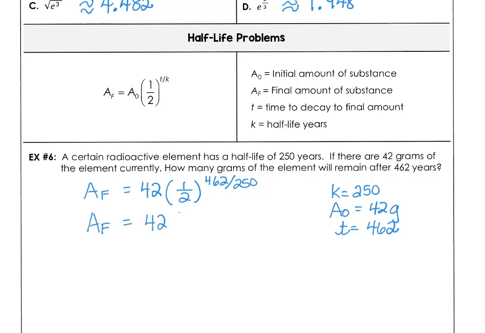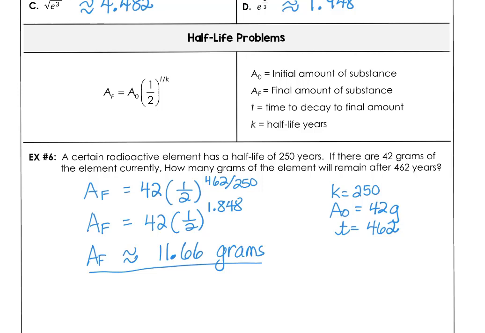So 42 times 1/2, and I'm going to break this down to 1.848. So doing that calculation, 42 times 1/2 to the 1.848 power is about 11.66 grams would remain after 462 years.